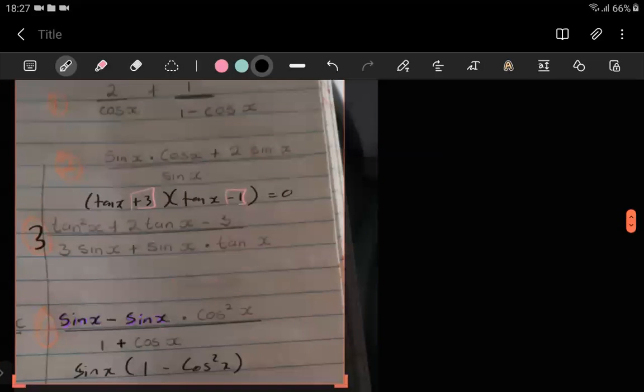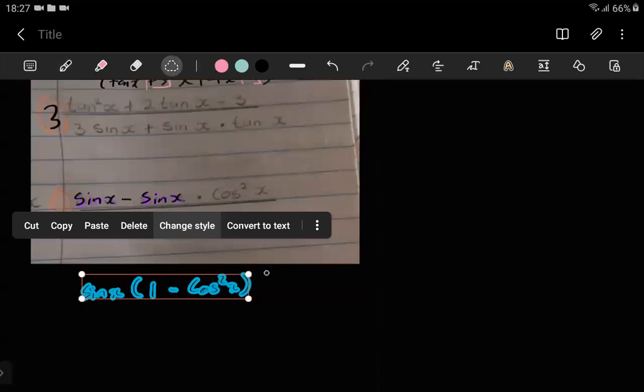So sin x is out, and if sin x goes out, we have to put a 1 here as a placeholder to show that something was there. And then here, if sin x goes out, there's nothing anymore. The sin x is gone, so only the cos squared x is left, because these are two things being multiplied together.